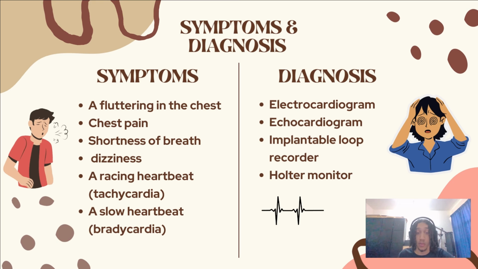An implantable loop recorder is implanted under the skin and constantly records your heart's electrical activity. Finally, we have the Holter monitor. It's basically a portable EKG you wear for a short period of time. Then you can go to your doctor and he can download the results.